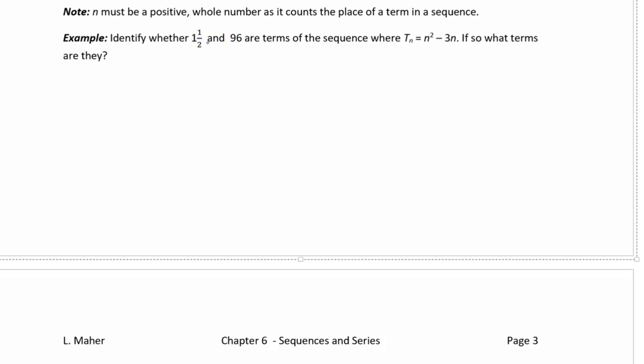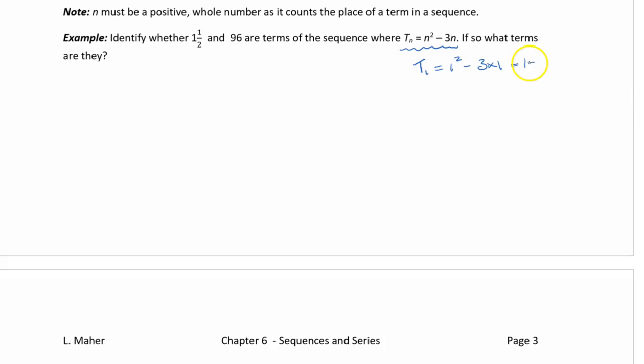And they're asking whether those terms would be in this sequence. So we'll get a bit of a feel for this. T1 would be 1 squared minus 3 times 1, so it's 1 minus 3, which is minus 2.